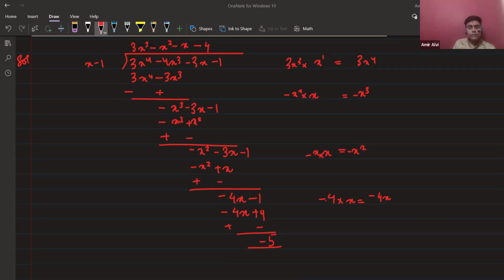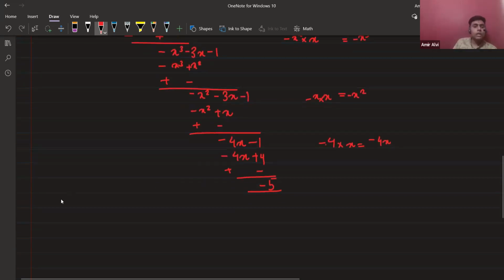So if you want verification, you can put x equals to 1 in p of x to verify whether you are getting the remainder correctly or not. So just do that thing.